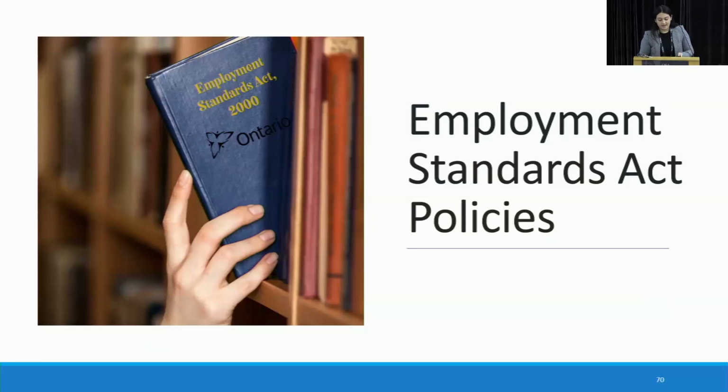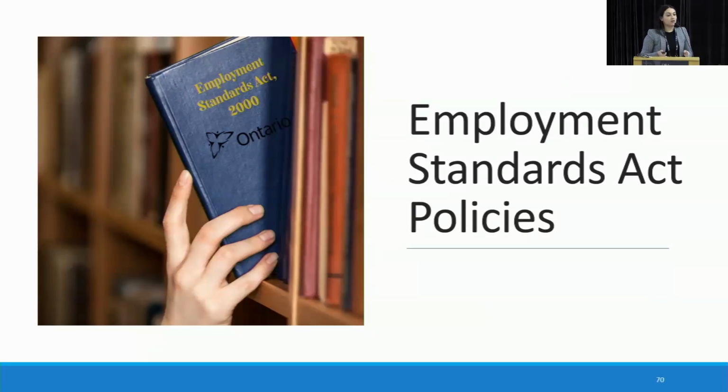Okay, so now we're going to move on to the Employment Standards Act, which can be a bit of a headache sometimes. It's very convoluted and there's a lot of interpretation that's needed. But luckily, there was only 2 policies that are required under the ESA, and they were introduced in 2021 and 2022, respectively.